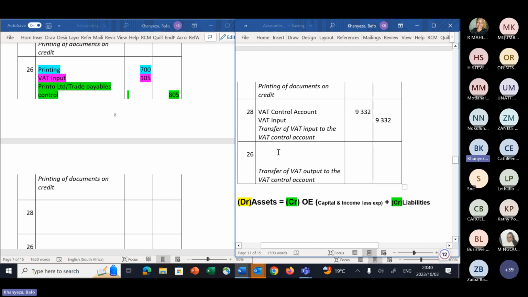So the journal for the VAT control account is gonna be 8706, which is VAT output.